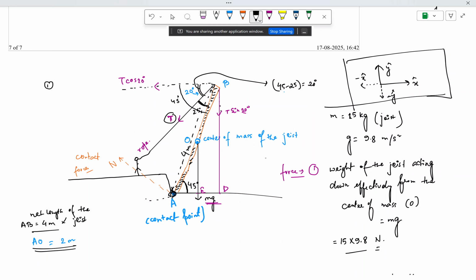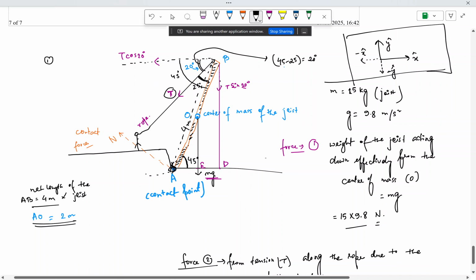The condition of mechanical equilibrium is that you have to balance the force and the torque both. So the net force in the system will have to be 0, and the net torque in the system will also have to be 0, so that there is neither translational nor rotational motion, and the whole body stays at rest. So that was our whole idea.